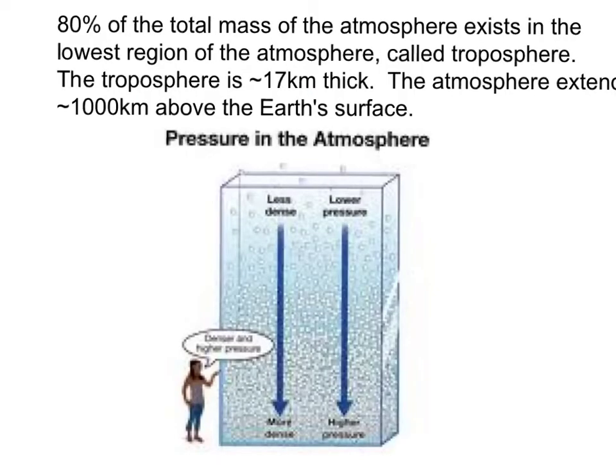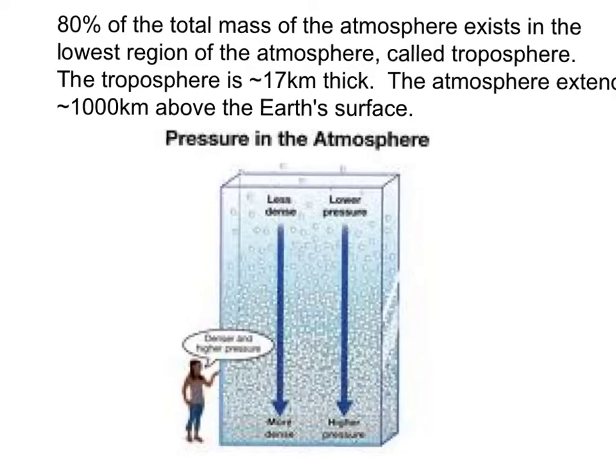Another thing you should be aware of is that the atmosphere is not of equal density throughout. You'll notice here that roughly 80% of the total mass of the atmosphere, so all the matter, all the particles, all the gases that make up the Earth's atmosphere, exist in the lowest region, called the troposphere, and that's the portion of the atmosphere where we live.